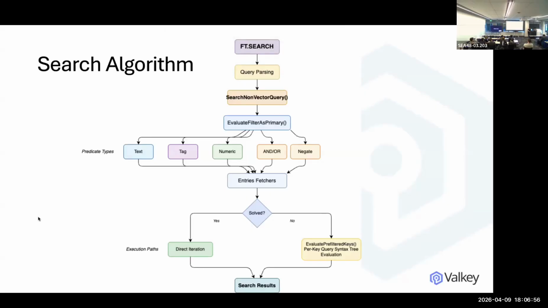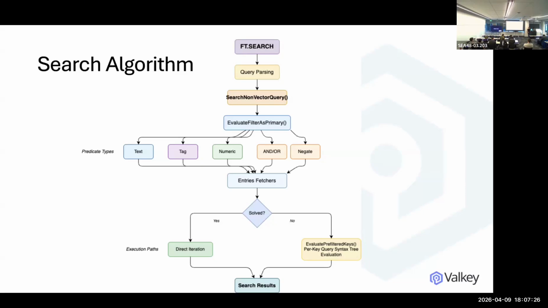Okay, so with the search algorithm, this is a rough picture of how a non-record search would look. You get the command, there's query parsing, which I talked about, where we generate the query syntax tree, and then on the background reader threads we have the rest of the steps. We first have to evaluate this query syntax tree itself, and this can contain multiple predicates.